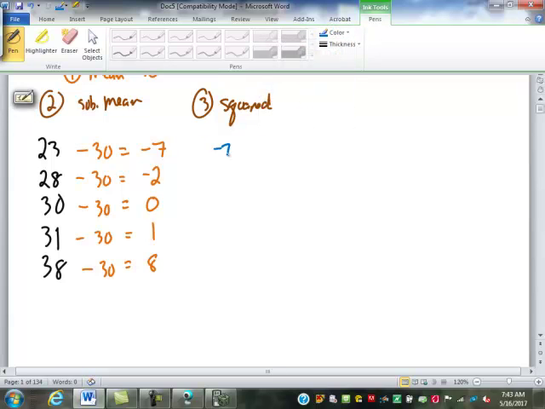So, -7 squared is 49. -2 squared, 4. 0 squared, 0. 1 squared, 1.